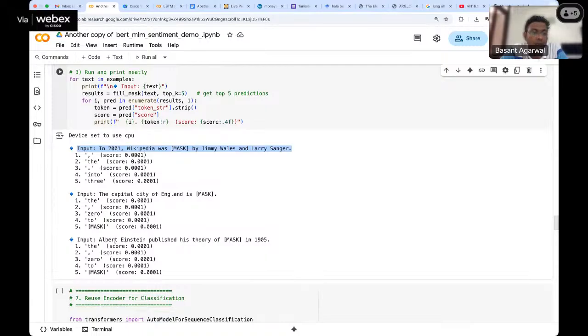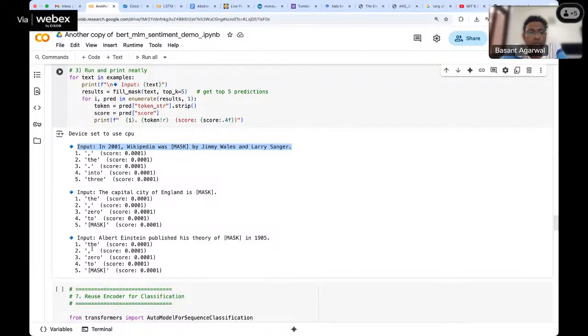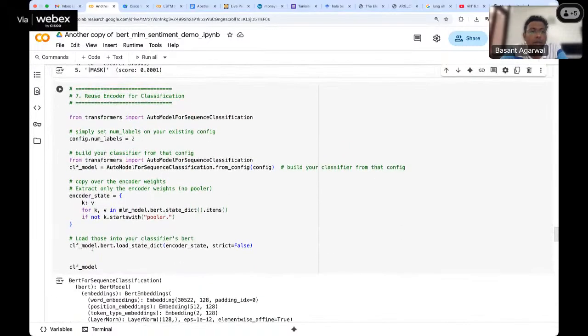For example, Albert Einstein published his theory of the masked word in 1905, and the word predicted is "the".